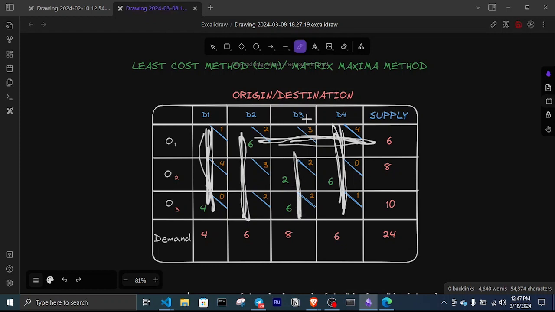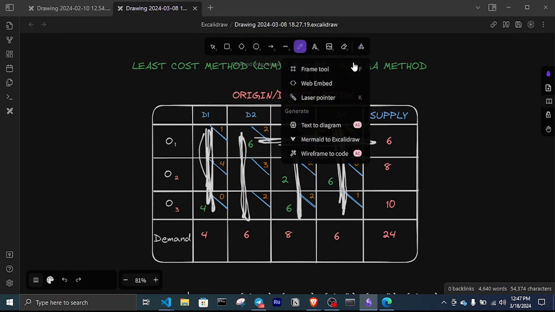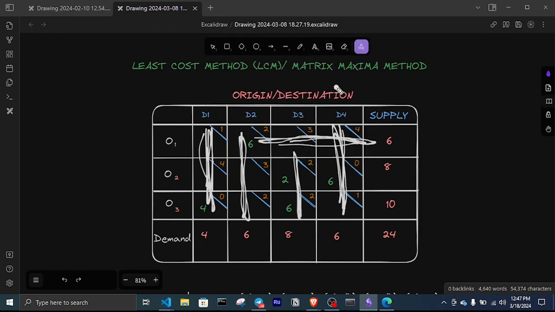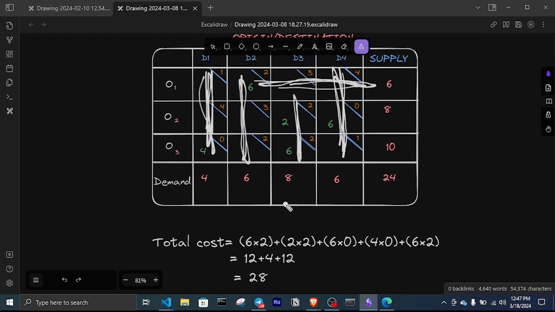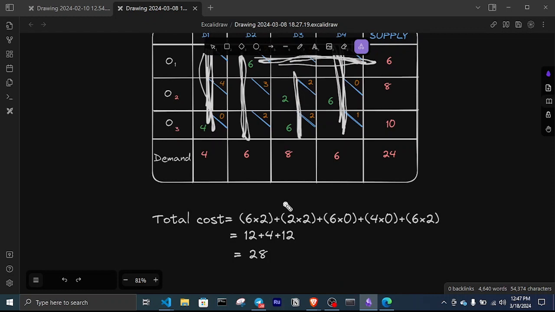So now to compute the total cost for transporting the products from an origin to a particular destination, we do 6 times 2, which is the value we had at D2, plus 2 times 2, plus 6 times 0, plus 4 times 0, plus 6 times 2, which gives us 28 as the total cost to transport the products from their origin to their destination.